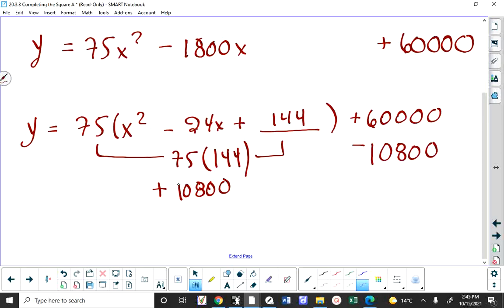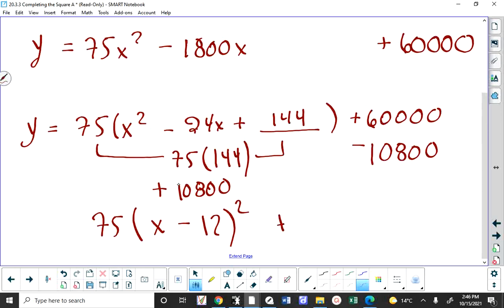Does that look right? Okay. For some reason that doesn't seem right, but it probably is. So we get 75 times x minus half of b, which is 12, squared. There's your answer, right? 12. Because you want to know the x coordinate of the vertex.